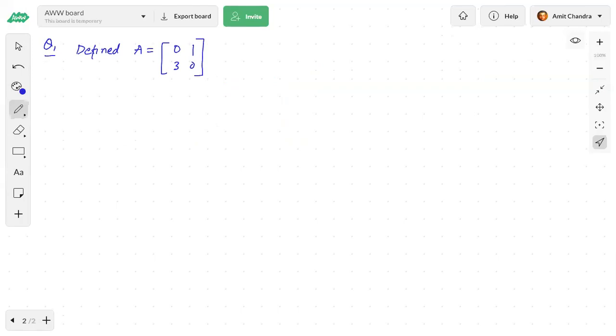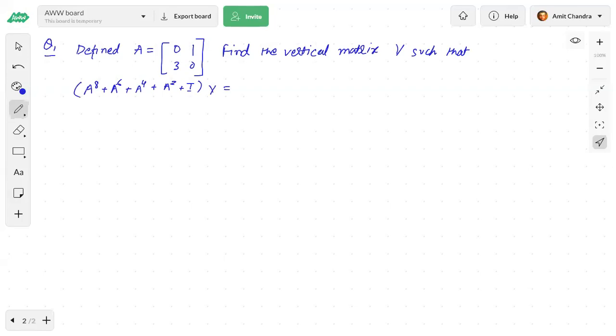Find the matrix V such that A to the power 8 plus A to the power 6 plus A to the power 4 plus A square plus I, into V, should be equal to 0 11.